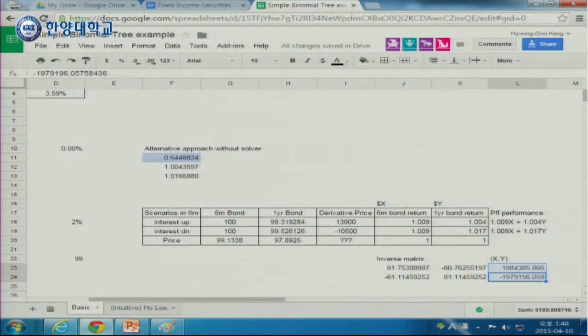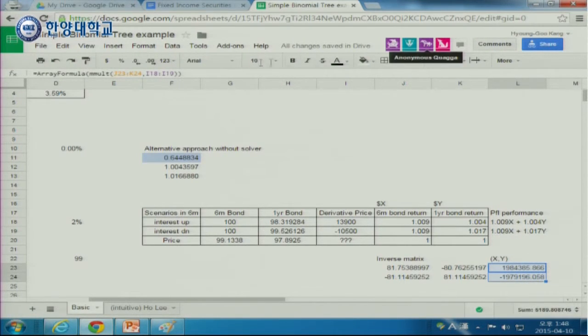So actually this is a pretty big number. It means that if I invest this amount in X, and if I invest, well, how much is that? It's a pretty large number.